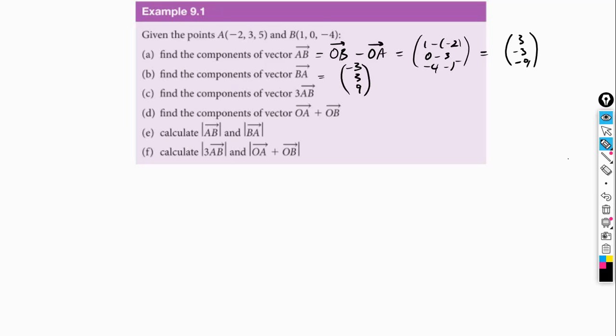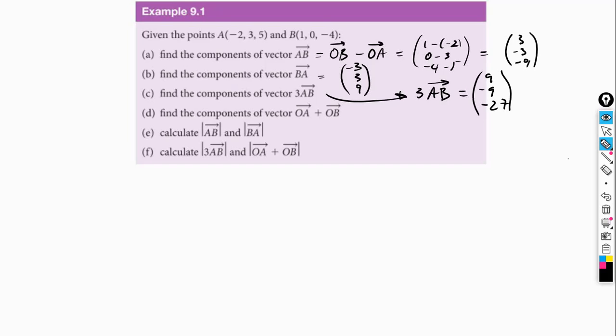For part C, it says find the components of 3 times AB. So that's just multiplying the components of AB times 3. So notice then that 3 times vector AB is going to be 9, negative 9, and negative 27. For D, it says find the components of vector OA plus vector OB.